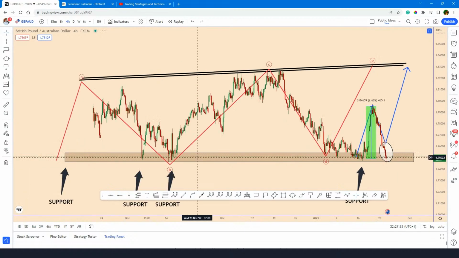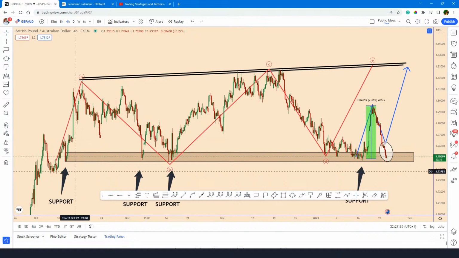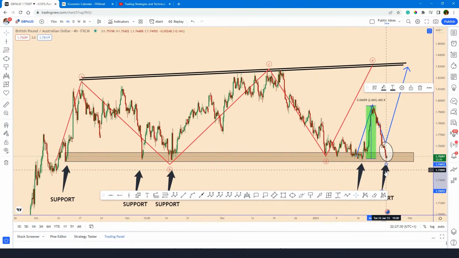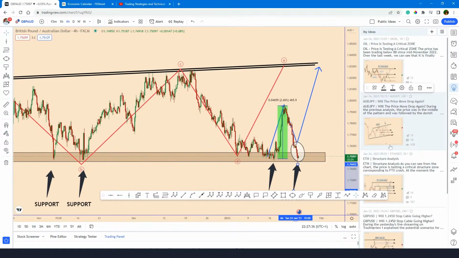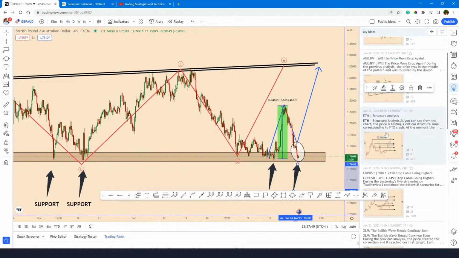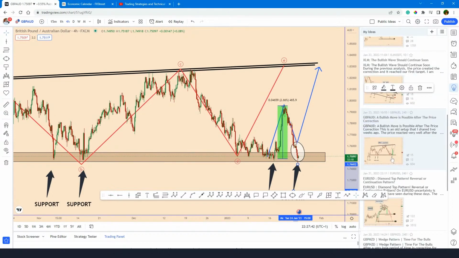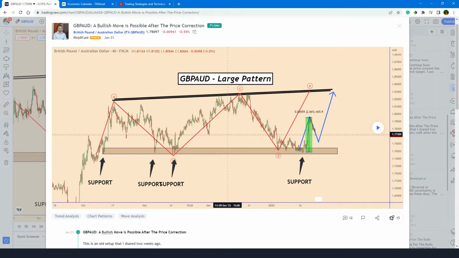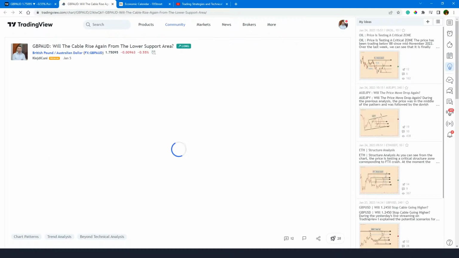However, what we may see is that, as a beginning, price tested this zone again. So I didn't expect this deep pullback. One or two weeks ago, I guess, I shared something related to GBPUSD. It was shared on January 5.